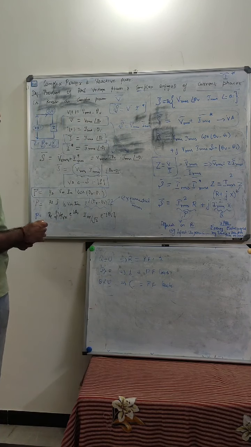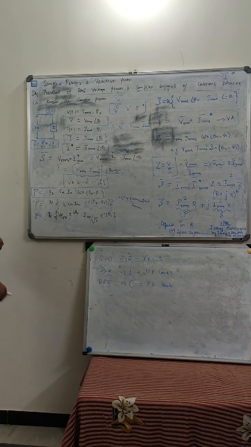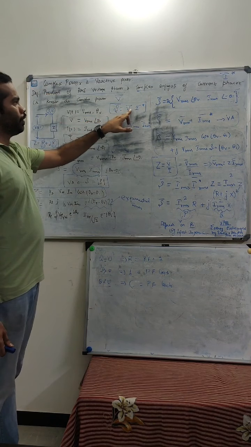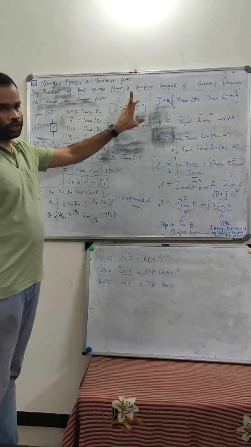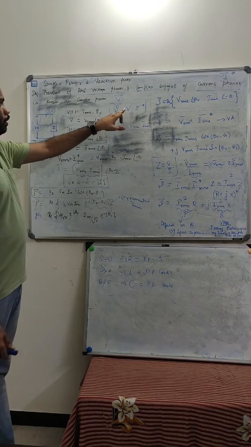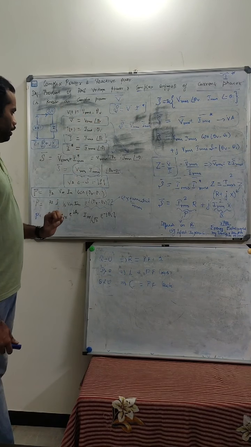So I'm just concluding. First, you need to know the circuit and what the complex power is. It's a combination of the V phasor times the I phasor conjugate, and we compute all the parameters required for them.